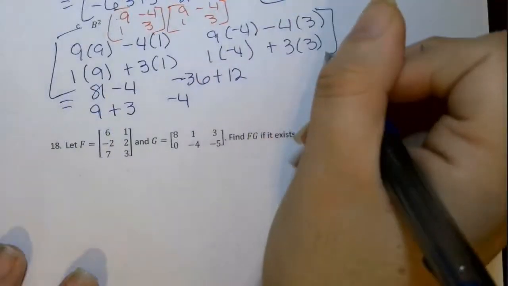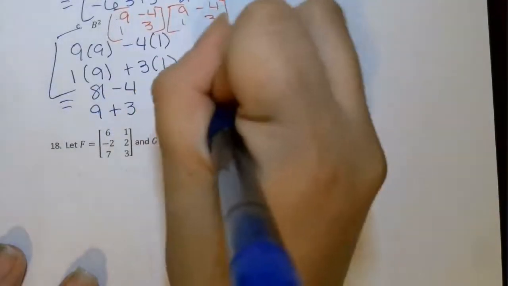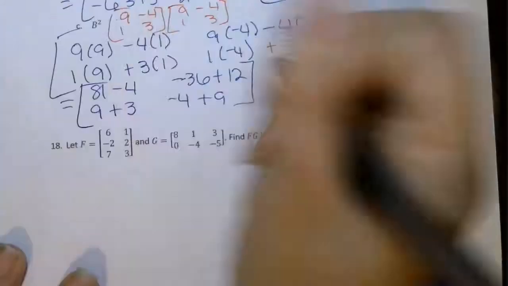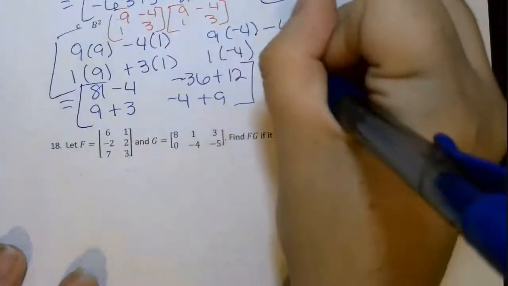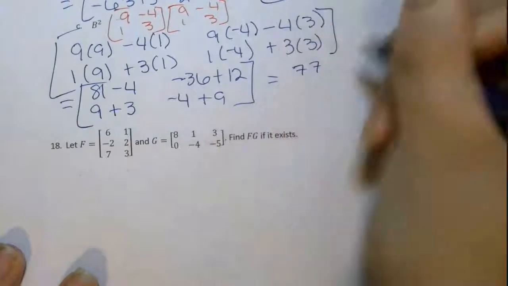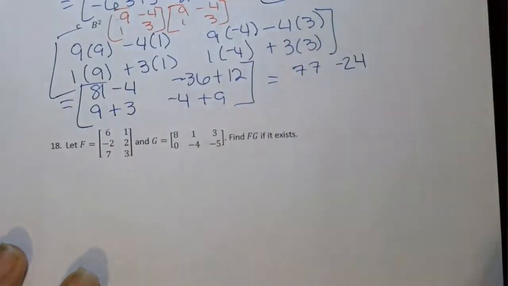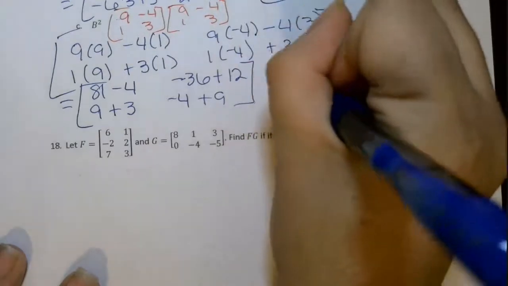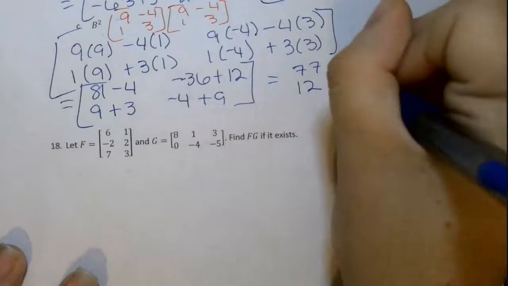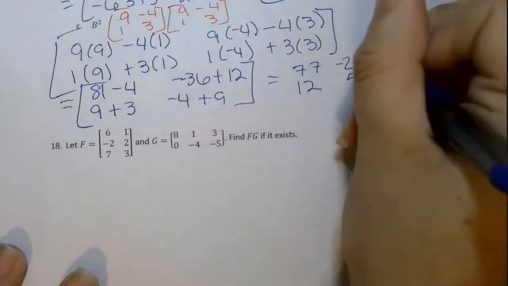And 3 times 3 is 9. 81 minus 4 is 77. Negative 36 plus 12 is negative 24. And on the bottom I have 9 plus 3, which is 12. Negative 4 plus 9, which gives me 5.